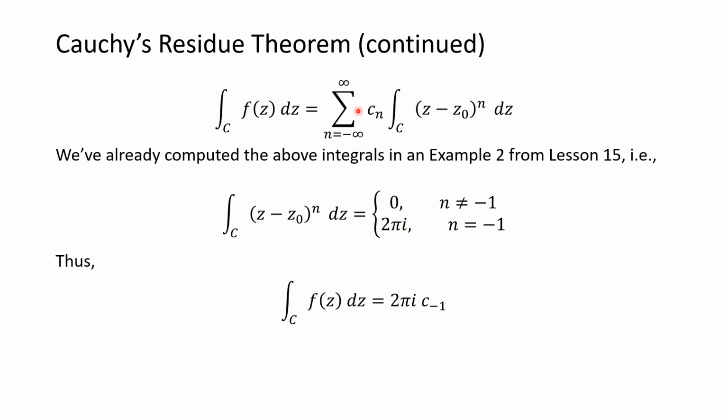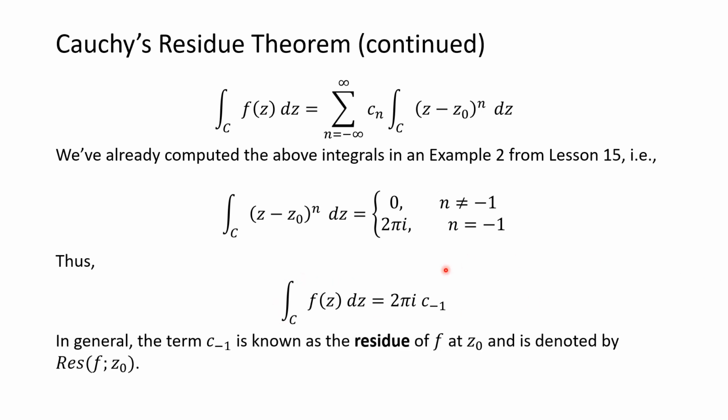So we have something now to plug into our formula here, because this integral, we know the answer to it, and it's going to be 0 for almost all of the c sub n except for when n equals minus 1. So when n equals minus 1, you're going to get c sub minus 1 times 2 pi i, the value of the integral, and that's going to equal our function here.